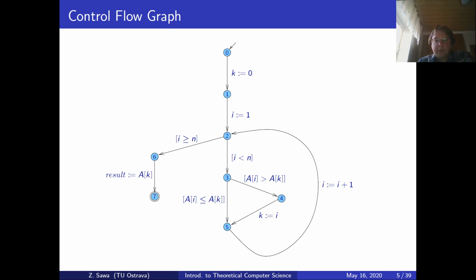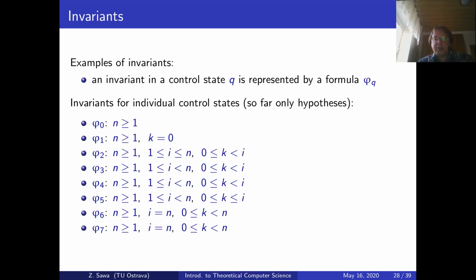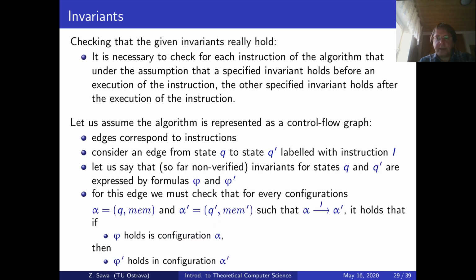So now the question is how we check that these invariants are maintained. I have already described the idea that we consider all transitions, and for each transition we will check that, assuming the given invariant holds, the next one holds.